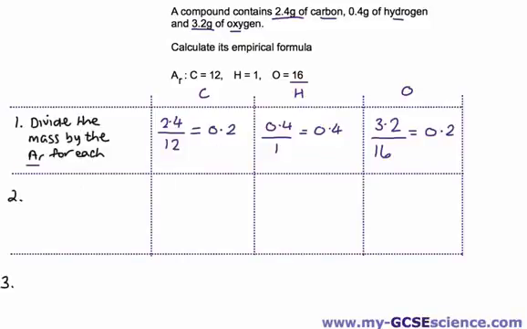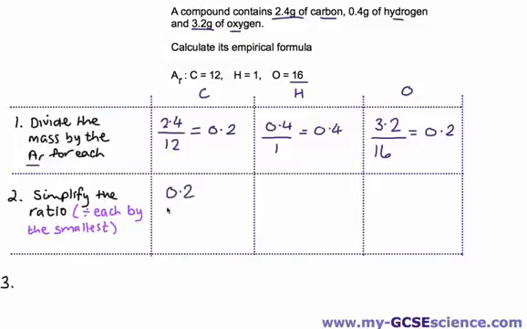Now for the next stage, we want to work out a nice neat ratio rather than 0.2 to 0.4 to 0.2. So simplify the ratio: divide each by the smallest. It's fairly obvious for this one, but let's just do it so that we know. The smallest number is 0.2.